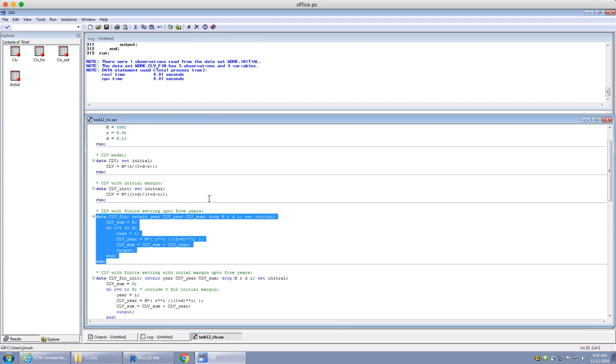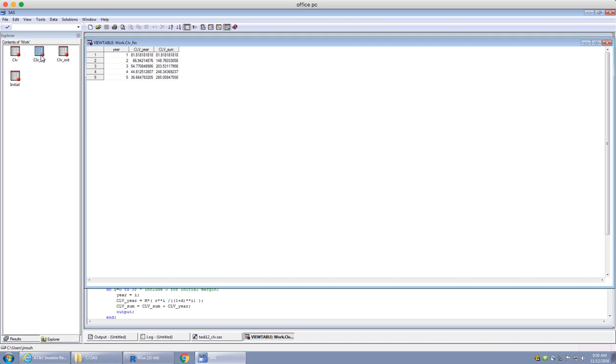Okay, now this is what I get. I'm going to go into CLV fin because I named it as finite. This is the CLV that I get for each year. Year 1, I get roughly 81. Year 2, about 67. Year 3, about 55, and so on.